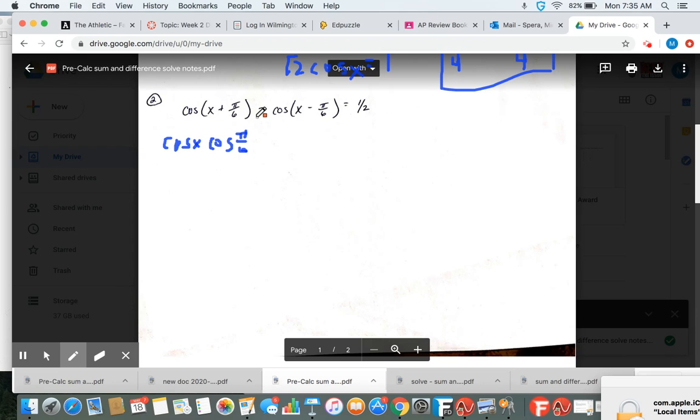And then, look, ignore that minus for now. It's this one that we're focused on, just this first term here. So then minus sine x, sine pi over 6.